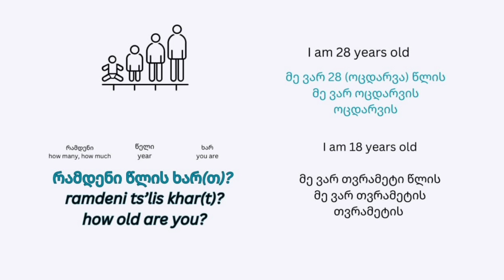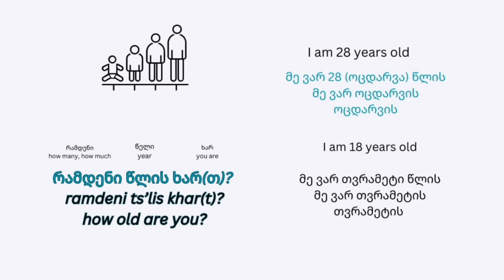Also, if you're speaking about someone's age, like your friend, you can say ჩემი მეგობარი, my friend, არის 18 წლის. Or my sister is 18 years old: ჩემი და არის 18 წლის.